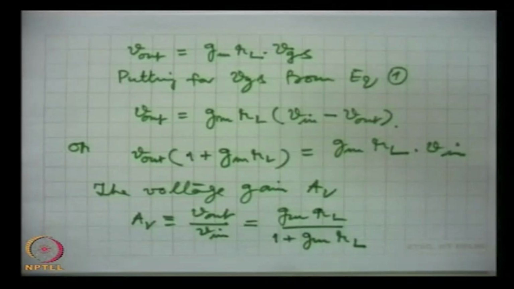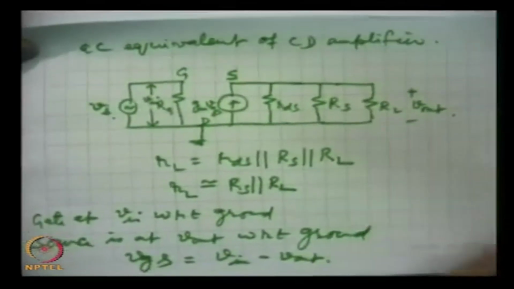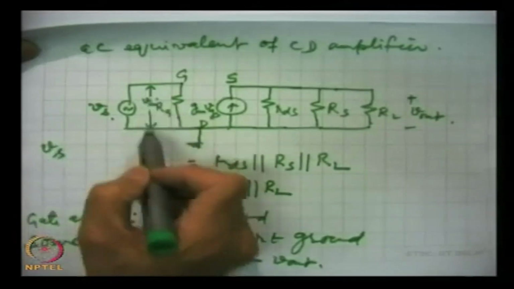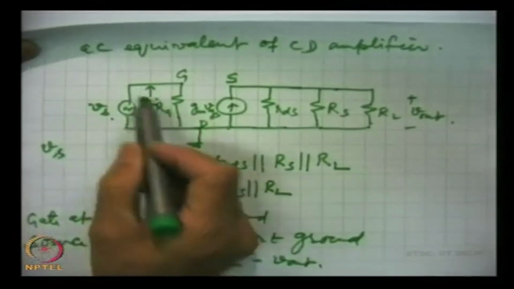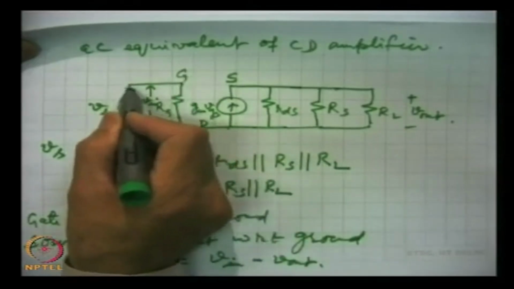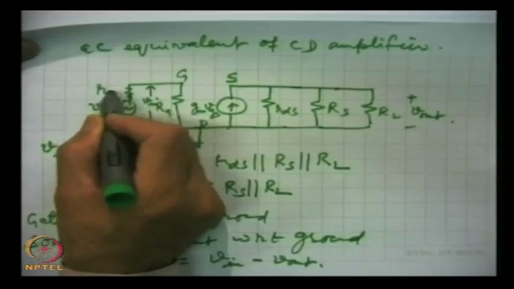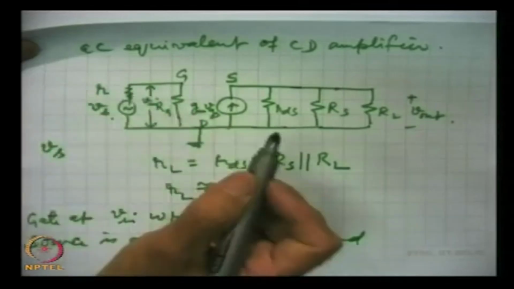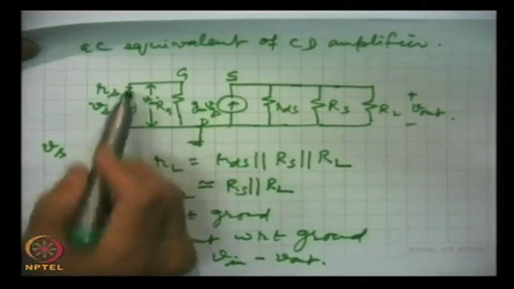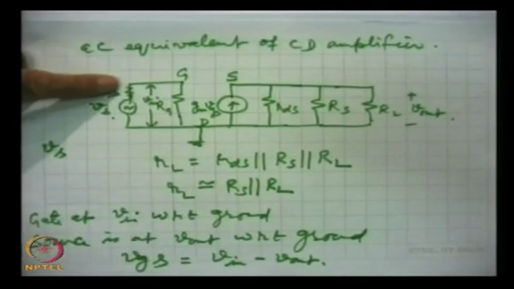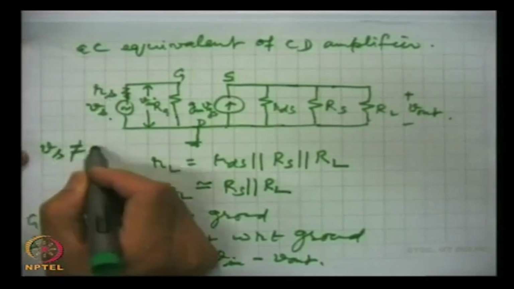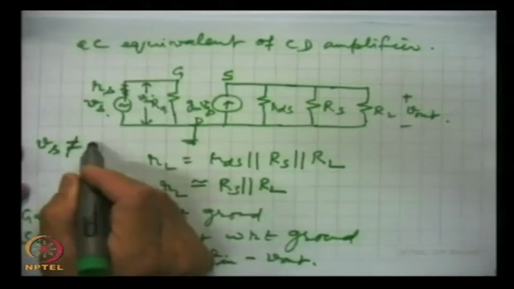One thing let me make clear, that here the signal is Vs, but here we are showing it as V in, because there is a small resistance here, Rs, source resistance. So, sometimes there is a small drop across this resistance that makes Vs not exactly equal to Vgs.